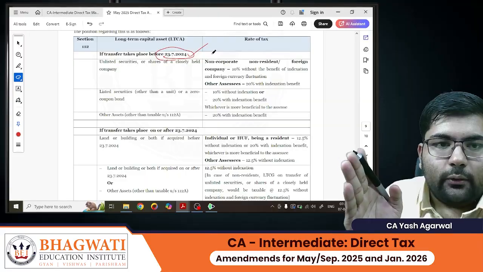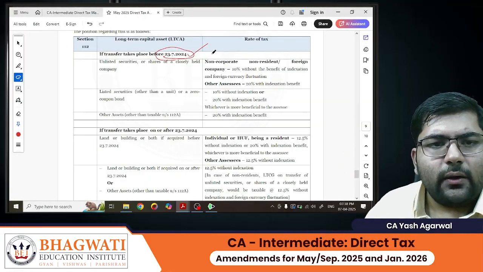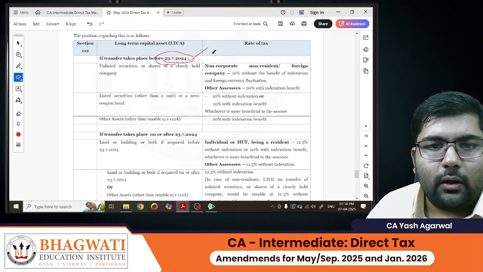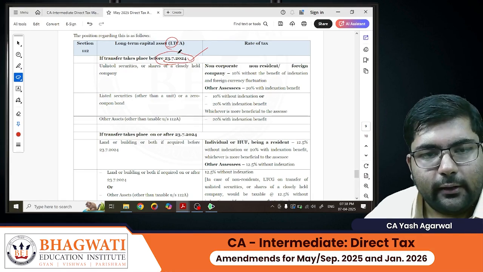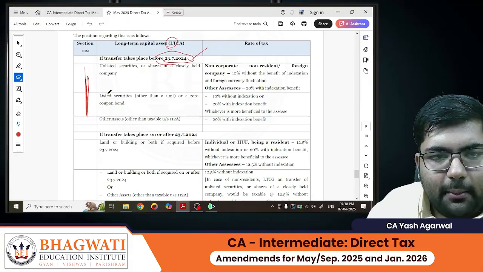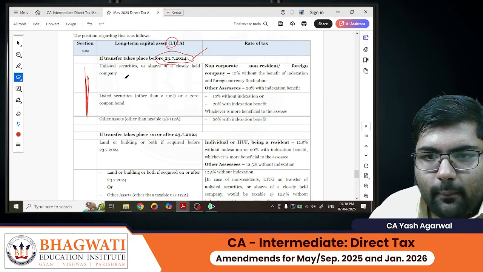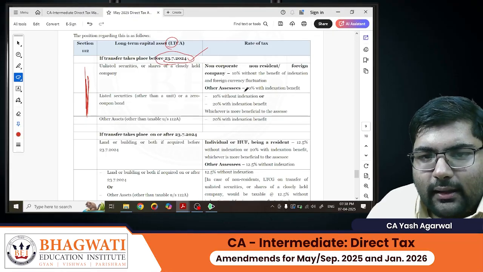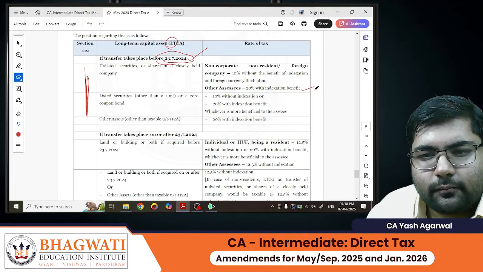23rd of July 2024. If you have transfer of a long term capital asset taking place before 23rd July 2024, these provisions will be applicable. If that capital asset is unlisted securities or shares of a closely held company, for normal assessees, 20% with indexation benefit will be the rate of tax.